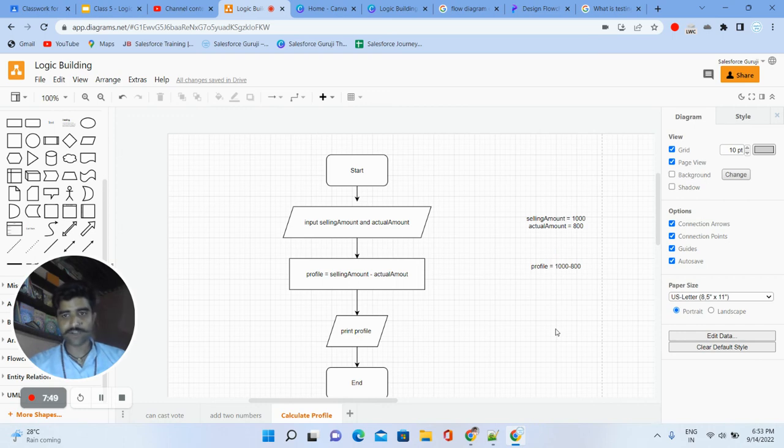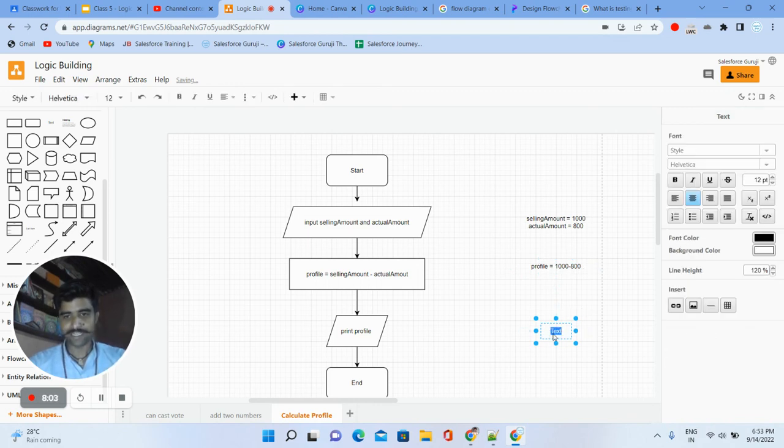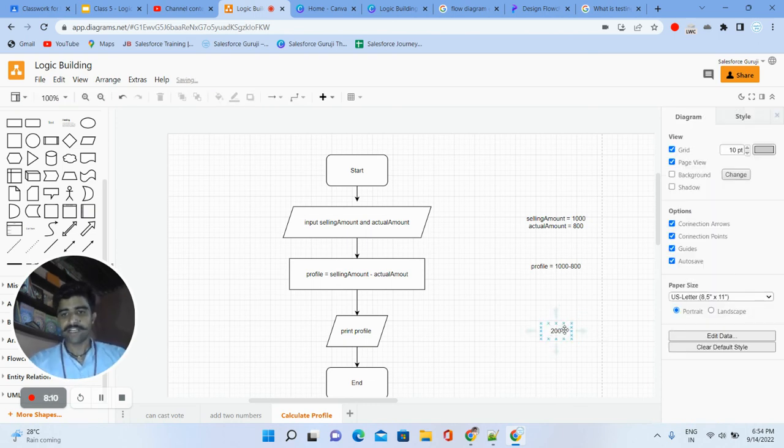When we print it, the profit will be printed, and the profit is 200. This is how we can see what's happening with our flow, and whether it is going in the right direction or not. This is just a basic example of testing.